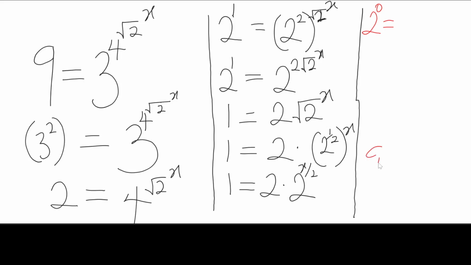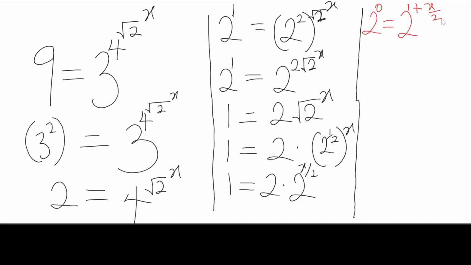When you have a to the power of b multiplying a to the power of c, you add the powers, it becomes a to the power of b plus c. So you add the powers, and that's what I'm going to be doing here. So we have equals 2 to the power of 1 plus x over 2.